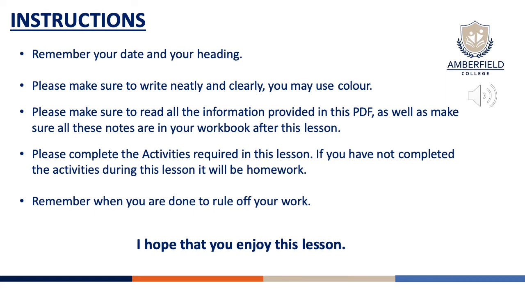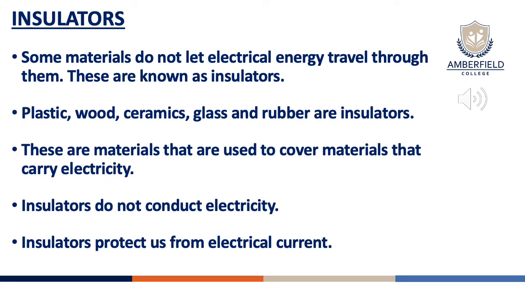Let's get started. Insulators. Some materials do not allow electrical energy to travel through them. These are known as insulators. Remember that a conductor is a material that allows electrical energy to travel through it, but insulators are materials that do not let electrical energy travel through them.